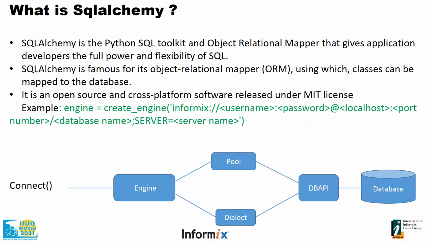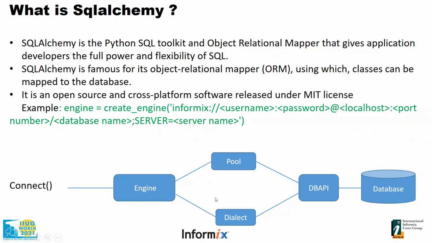SQL Alchemy is famous for its ORM properties, using which you can map classes to the database, which will internally create a table in the database. It is totally open source and cross-platform software released under an MIT license.